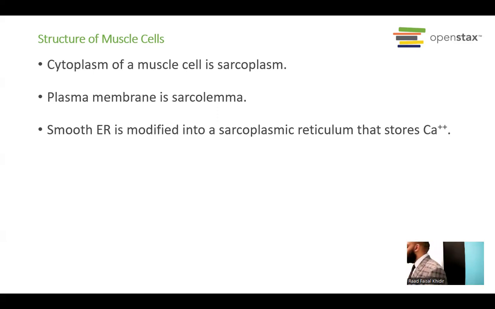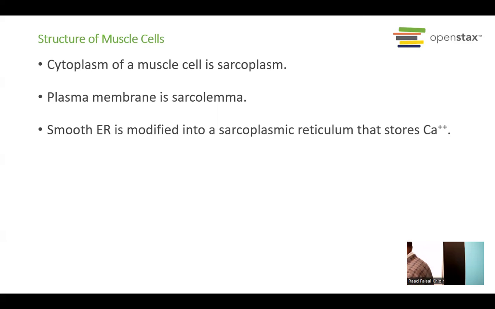These cisterns are full of calcium. So when the action potential gets to the muscle tissue, this cistern is going to open up and all the calcium is going to come out.